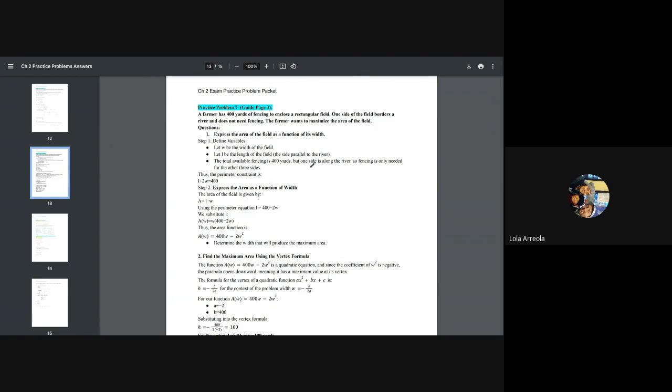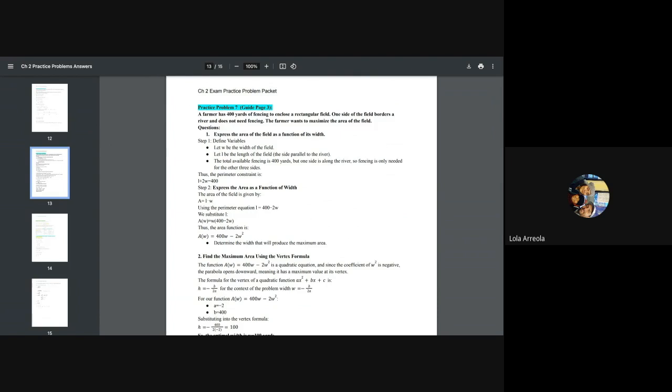Because what does perimeter equal? Perimeter usually equals length plus width plus width, right? It's a rectangle, length plus width plus width, which simplifies to 2L plus 2W.